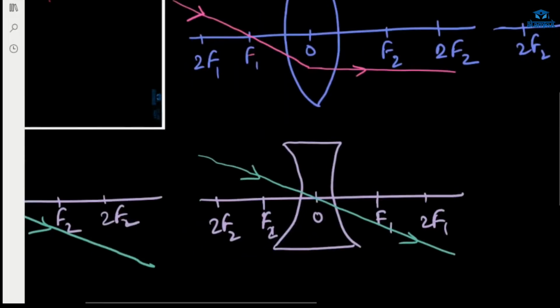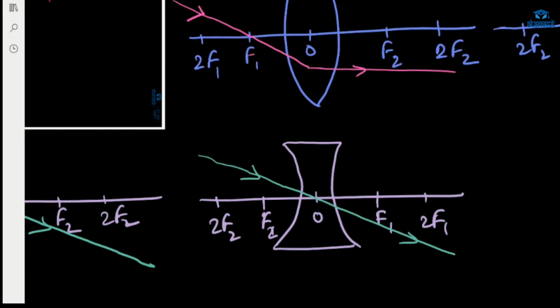Why is it coming out undeviated? Rudra, can you tell me? In the mirror, it was also the same, when the ray was directed towards the center of curvature. Yes, ma'am, it's because it's passing through the center of curvature.